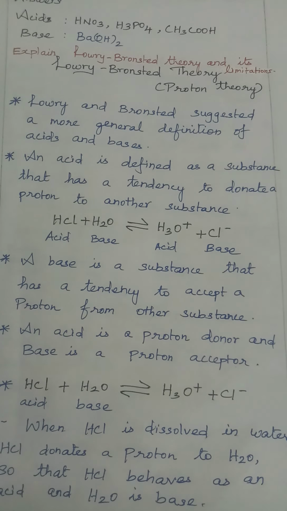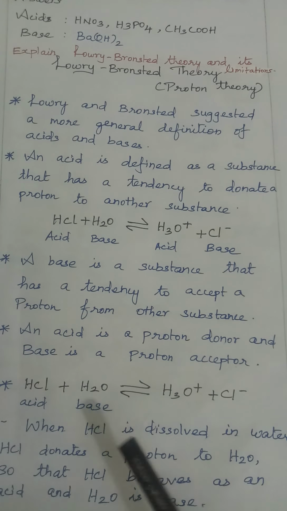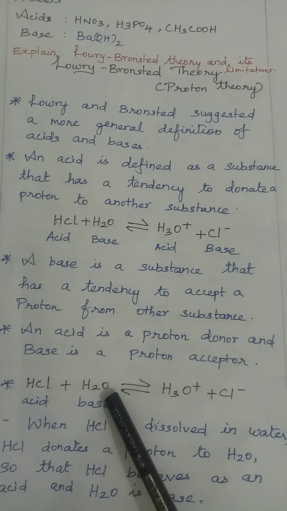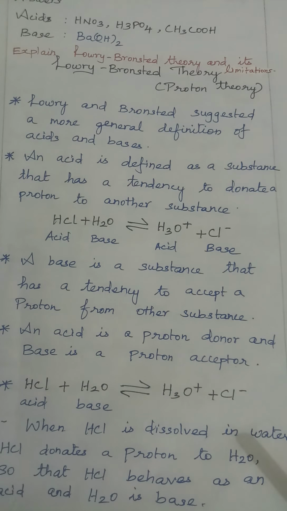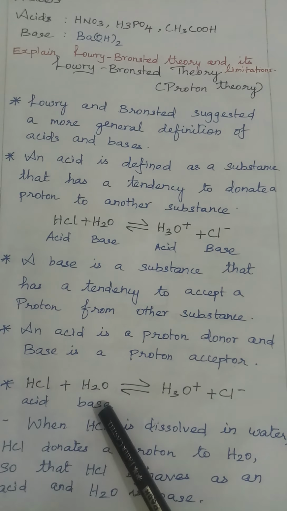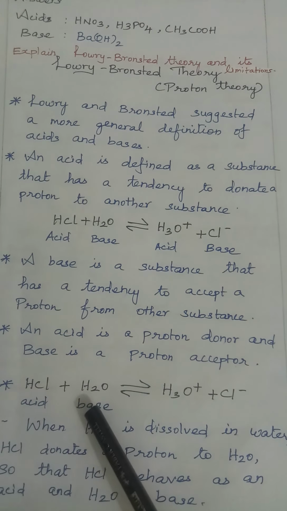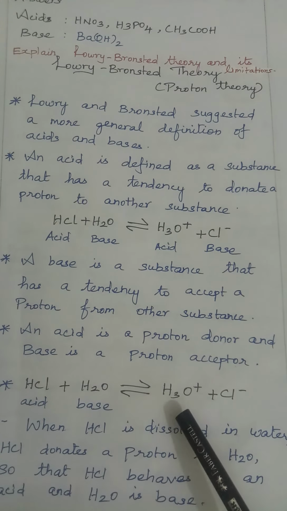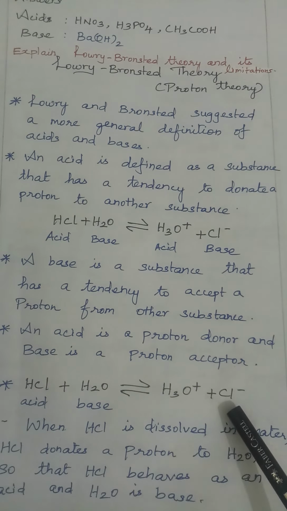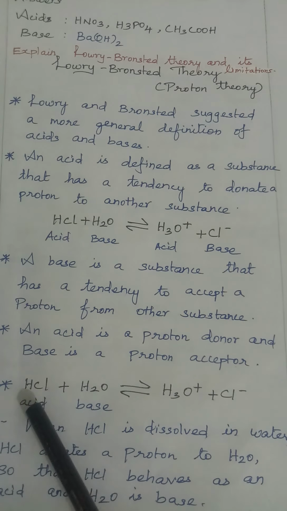So there are two examples as follows. One is acid dissolved in water, another one is base dissolved in water. The first one, acid dissolved in water. HCl is dissolved in water and it will become H3O plus and Cl minus. What happened in this?